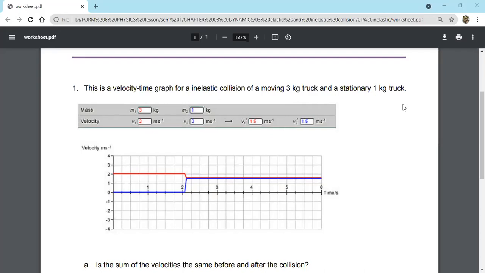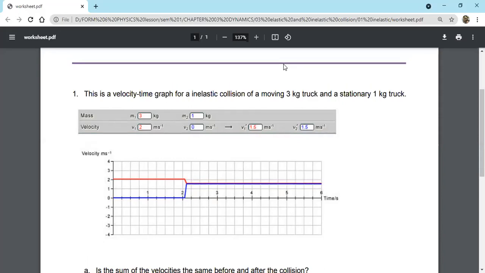So for the red one, if we wish to find the momentum before collision, that means M1 U1. For the 3 kg truck, P before is equal to M1 U1.